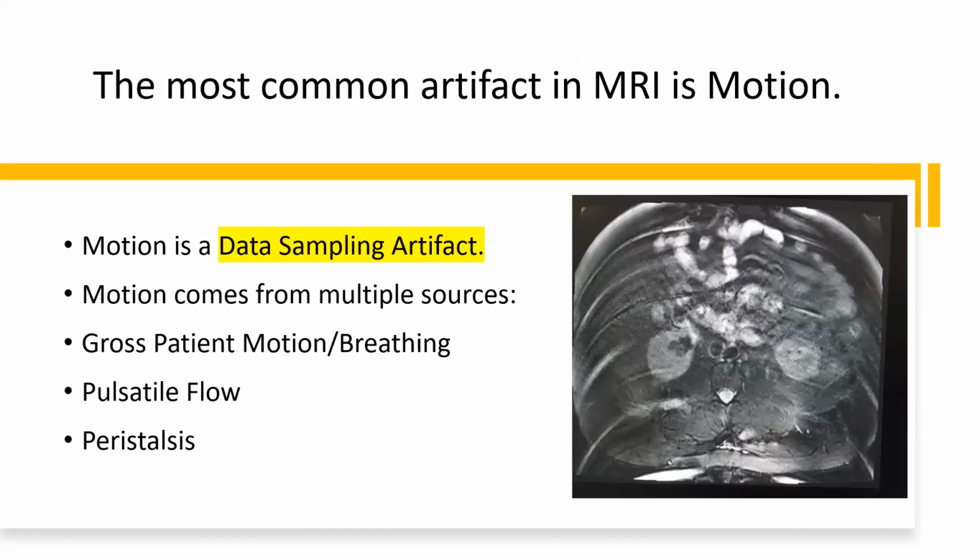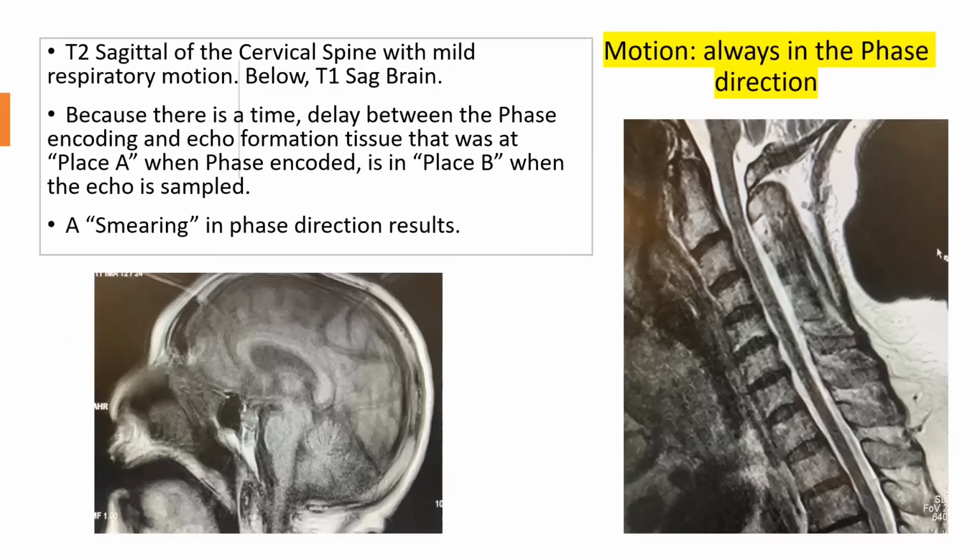Okay, so we've all seen images like this, okay? Motion. Motion is always in the phase direction, and it's considered a data sampling artifact. You can get it obviously from patient breathing, which is what that one is. You can get it from pulsatile flow or peristalsis. Again, it's all concerning the patient moving.